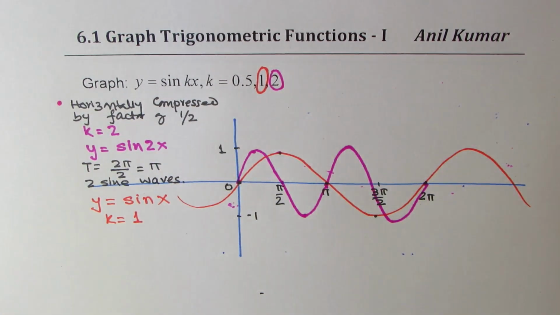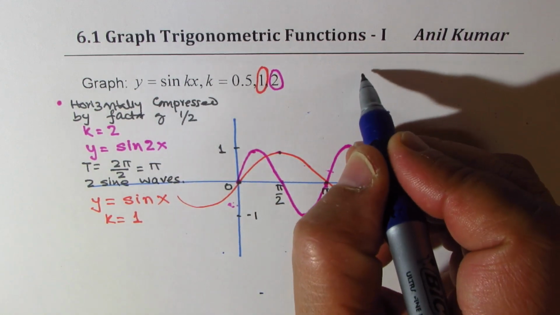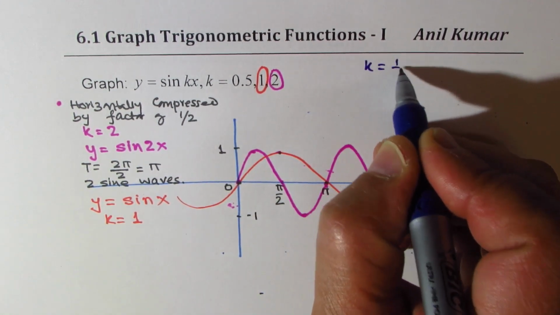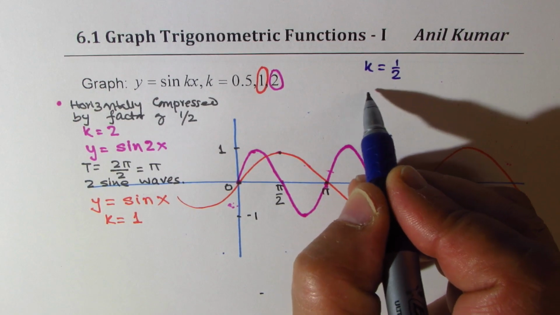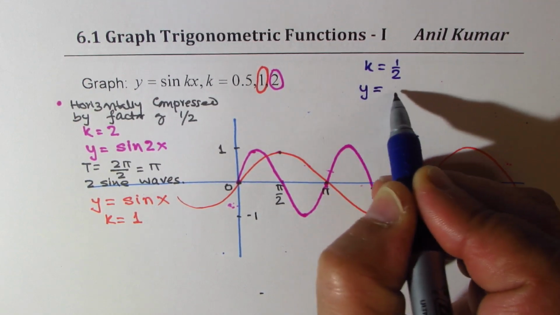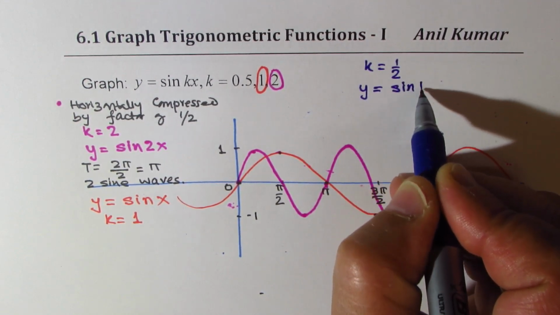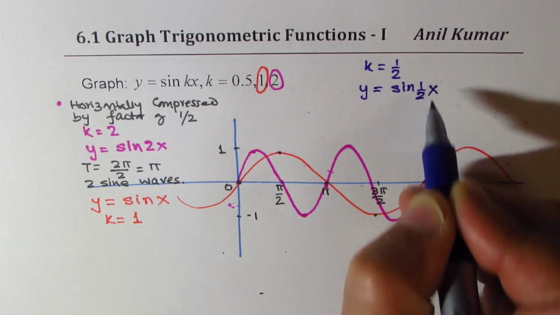Now let's consider the case when we take the value of k as half, right? So now let's think that k equals half. So the equation becomes y equals sine of half x.